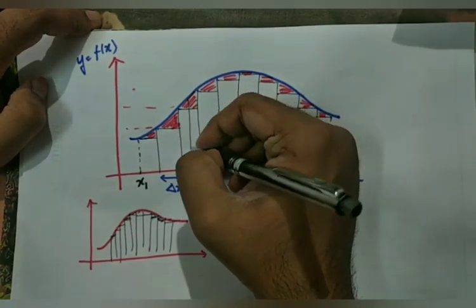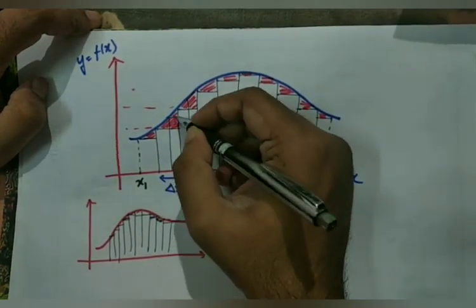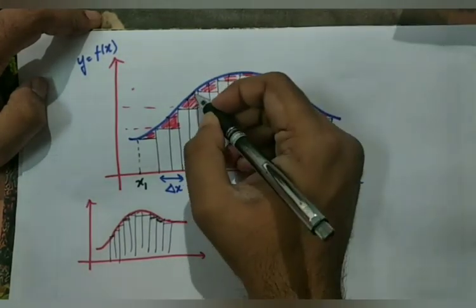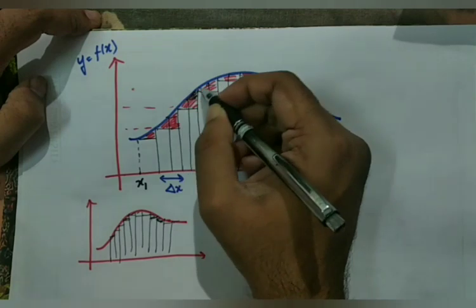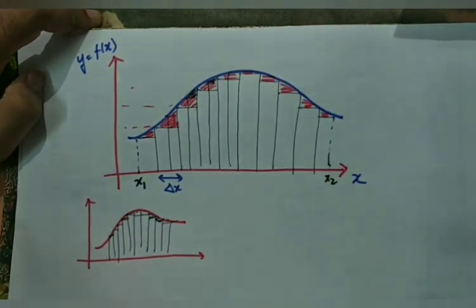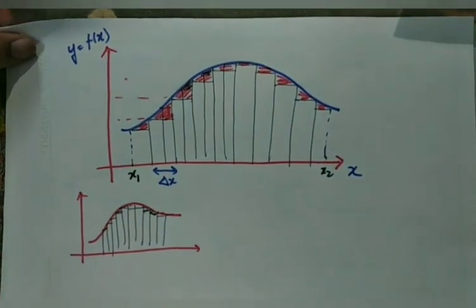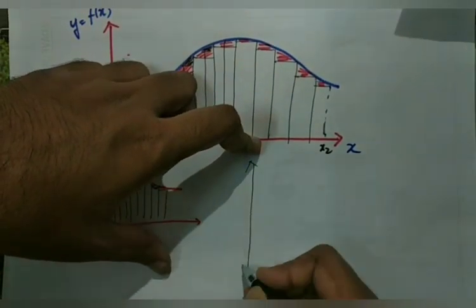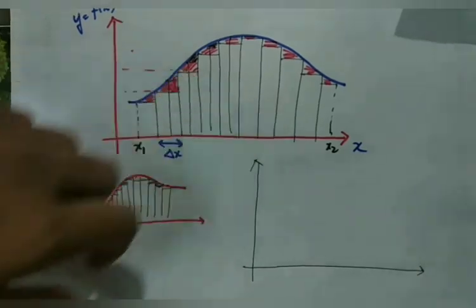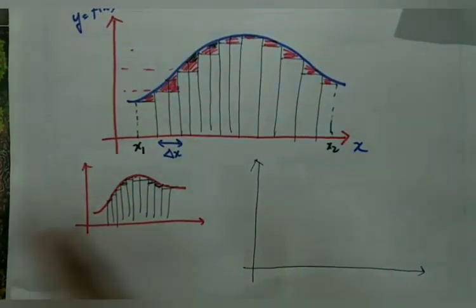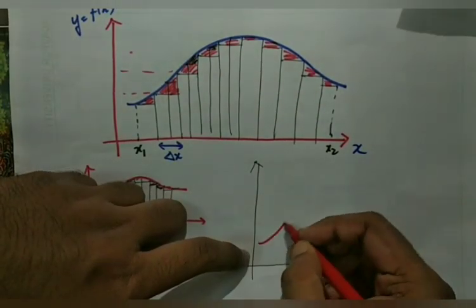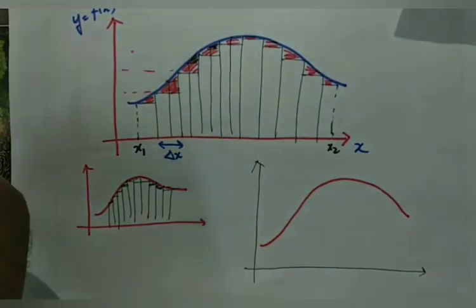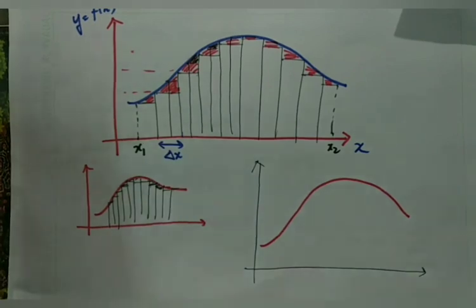Like if we decrease the interval, then the left out area becomes only this much. Now the point I want to emphasize is that let's take such an interval that is so small that it tends to 0.